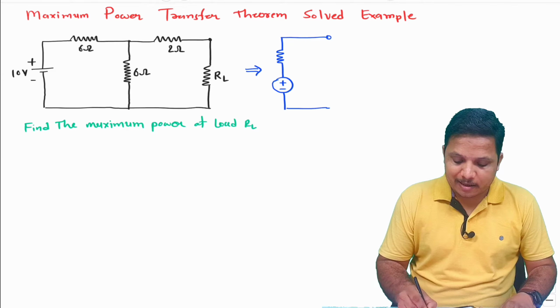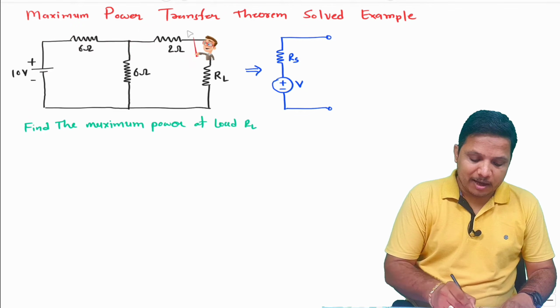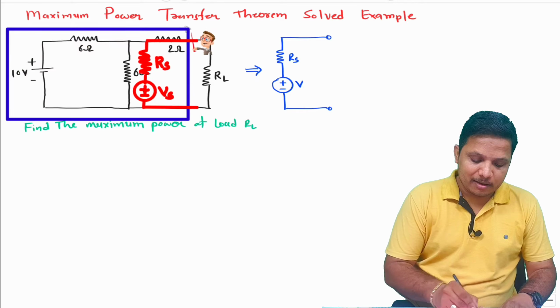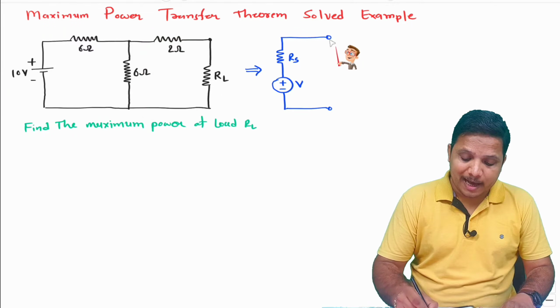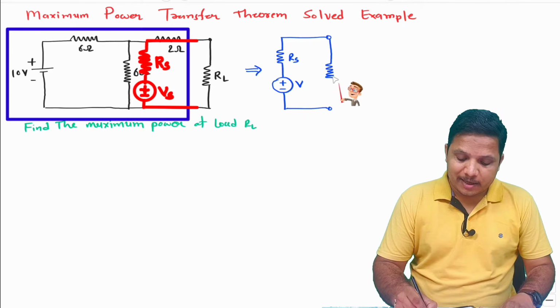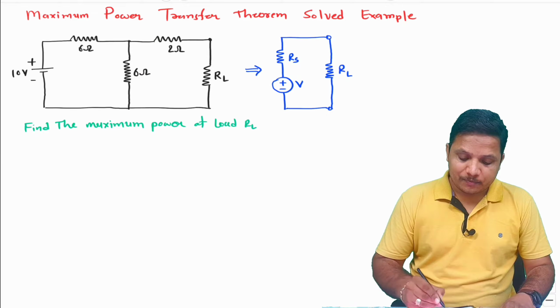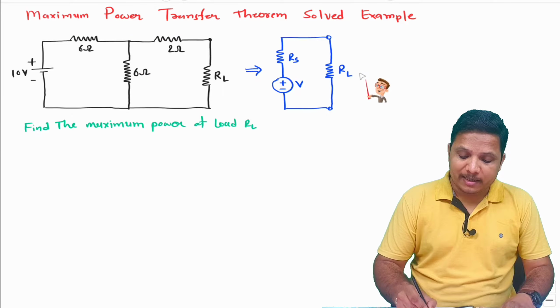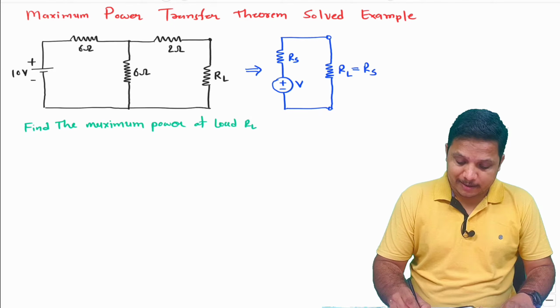Let us say this potential is V and this resistance is Rs. That is the equivalent resistive network, and here we have the load, that is RL, which I am connecting here. Now for maximum power transfer, this RL should be equal to Rs.